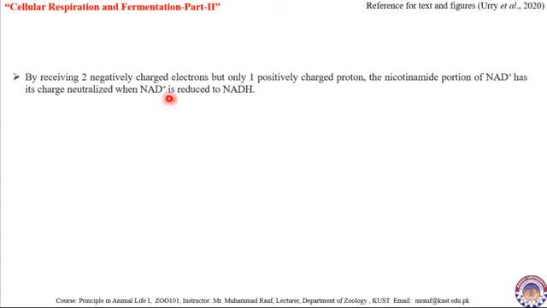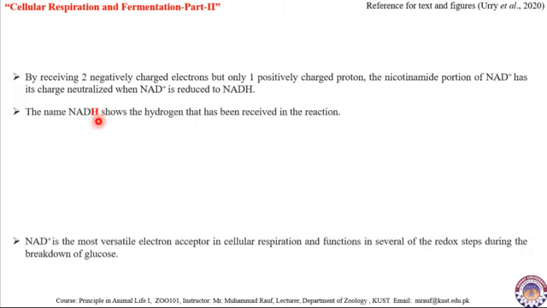Because it is lacking 1 electron, when 1 electron joins it, its positive charge is removed, and then 1 more electron and 1 more proton also neutralizes the charge, and overall NADH is in this form without any charge superscript. The name NADH shows the hydrogen that has been received in the reaction.